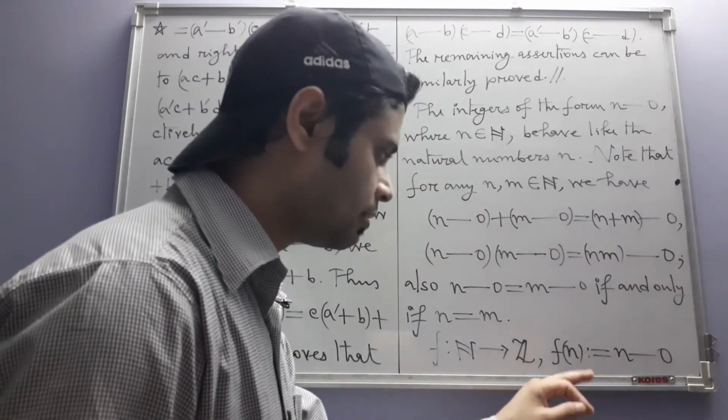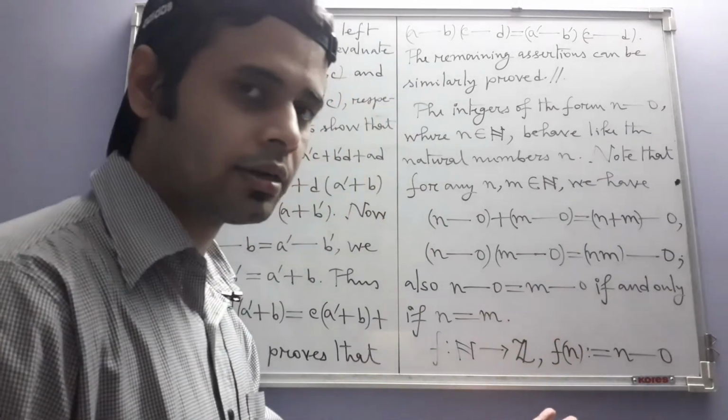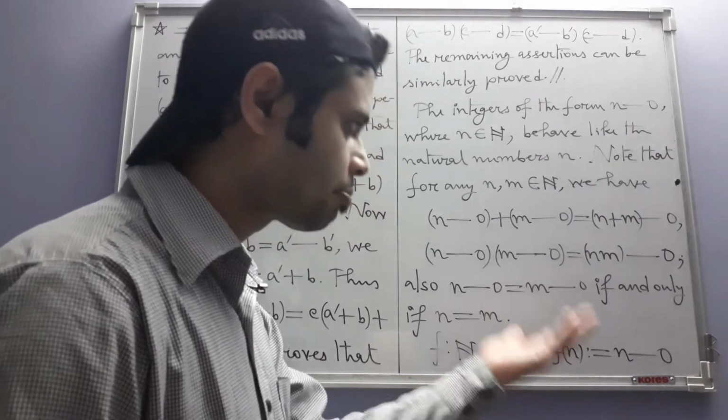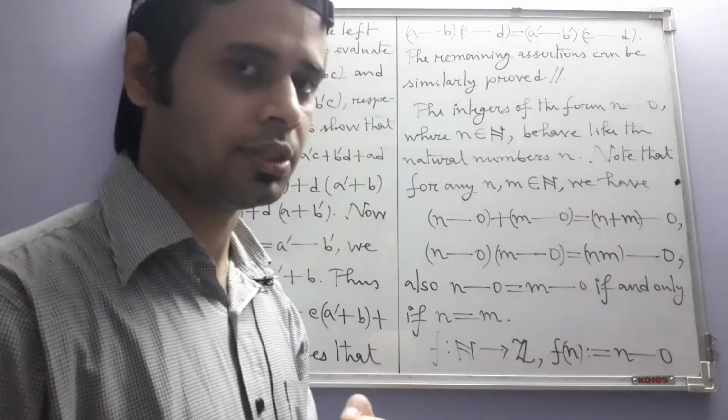On the other hand, you add the natural numbers in the system of natural numbers itself and then apply the function, you get that same thing.